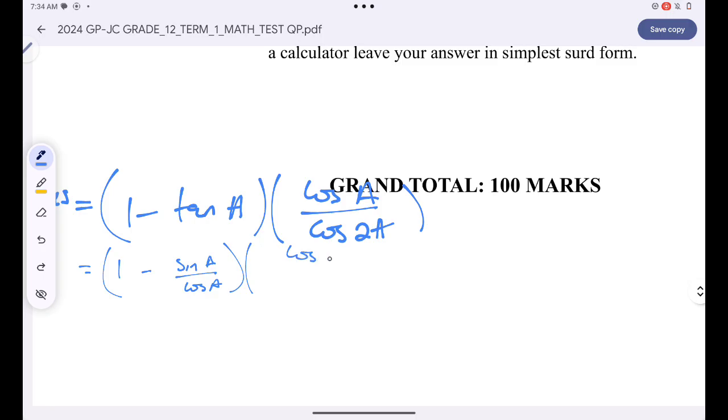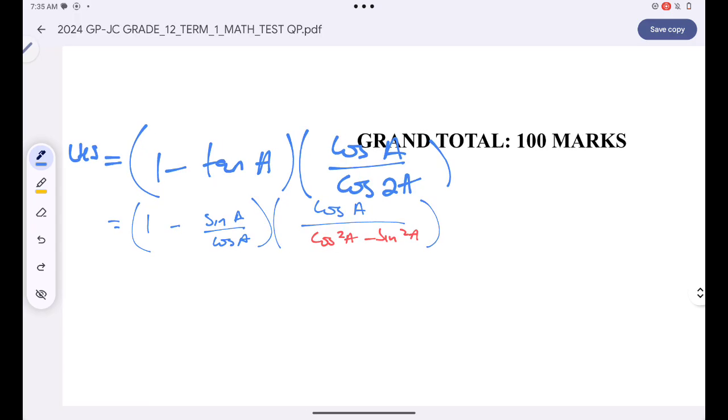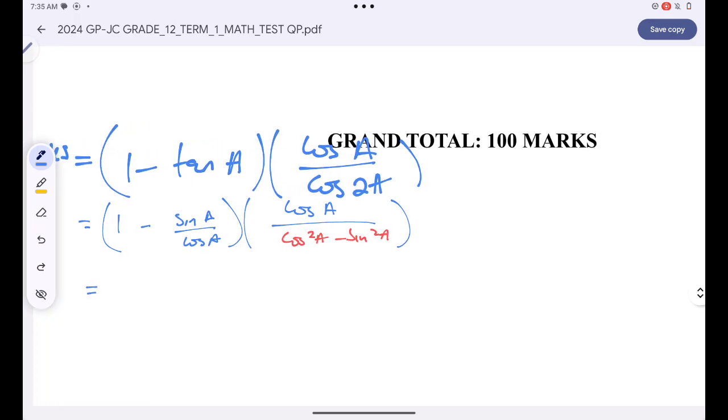So this will be cos a, and I will change the identity of cos 2a to be cos squared a minus sine squared a. Why am I changing it to that one? Because I want to change everything to be in terms of sine and cos. Are you together? Before we multiply out things, we can add the fractions in the first bracket. We have cos a as the denominator.